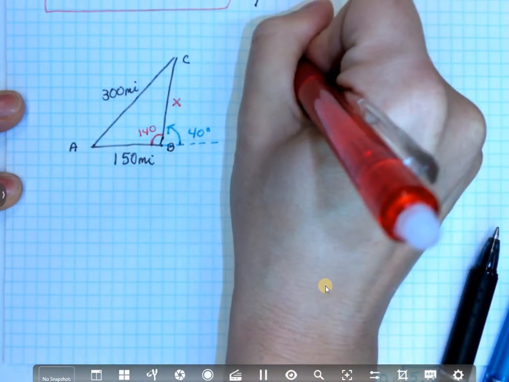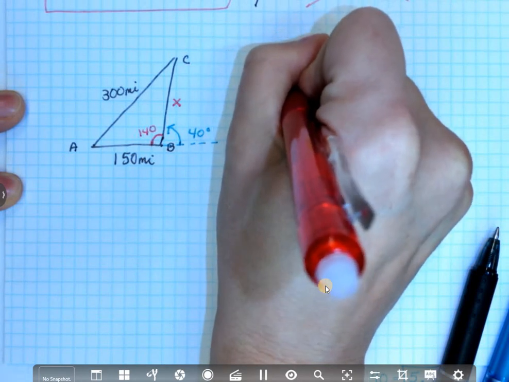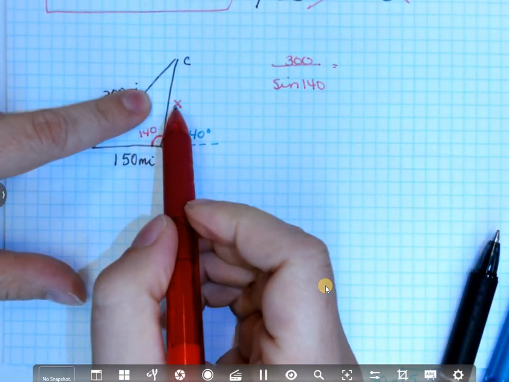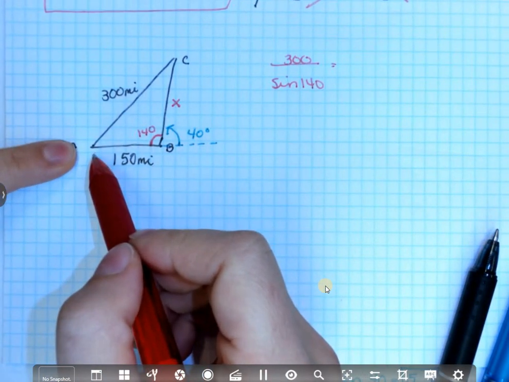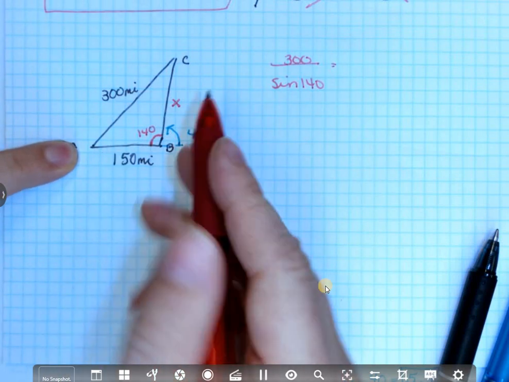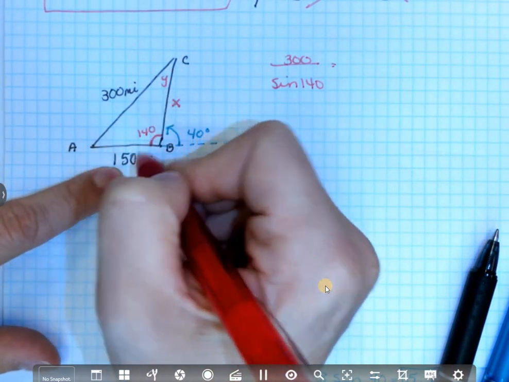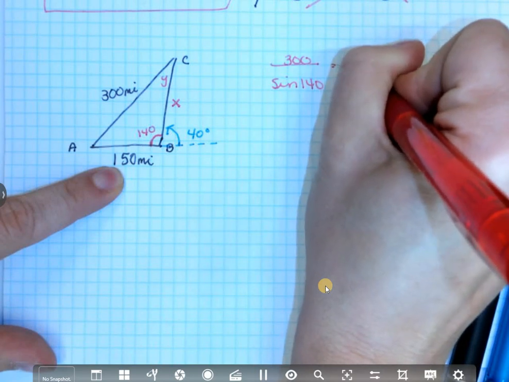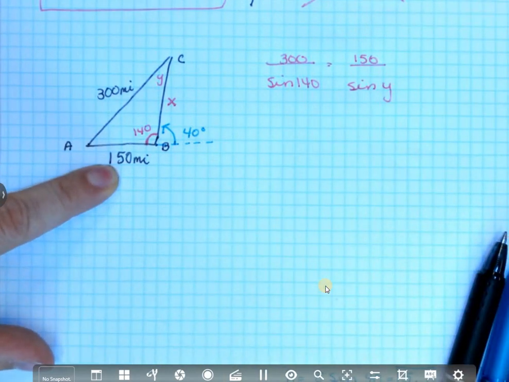So now I can write 300 over the sine of 140. Now my problem here is this x pairs up with that a. I don't know what a is. So I got to go to something that I do have an answer for. So I'm going to go to C and this guy. So I'm going to say 150 over the sine of angle C, or Y, or whatever you want to use.